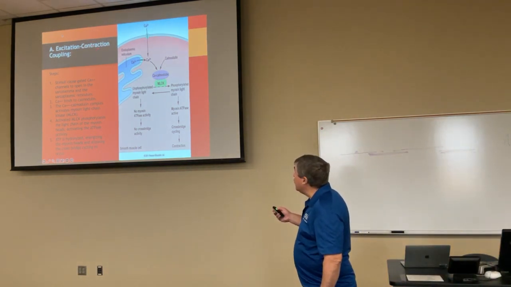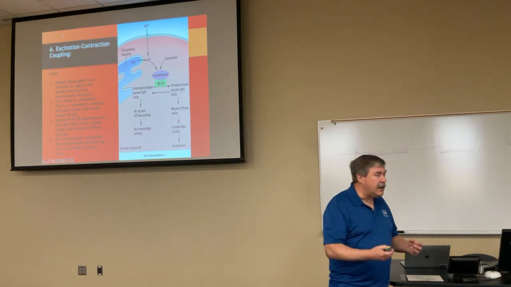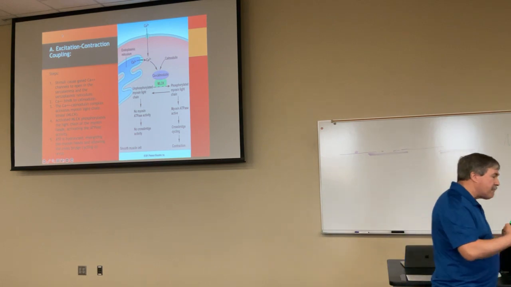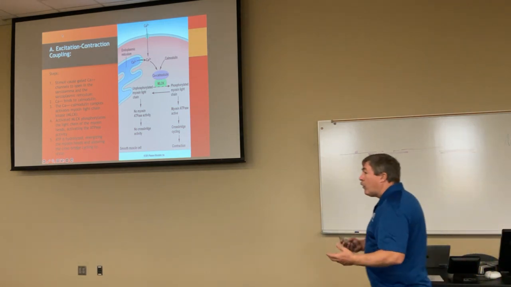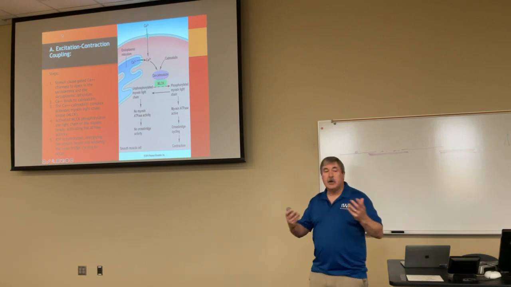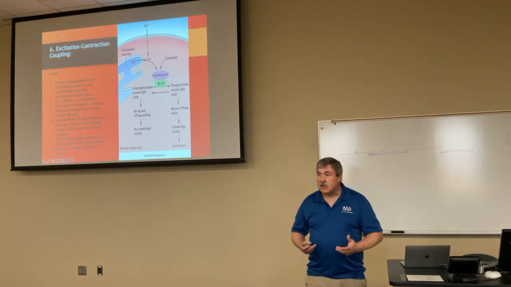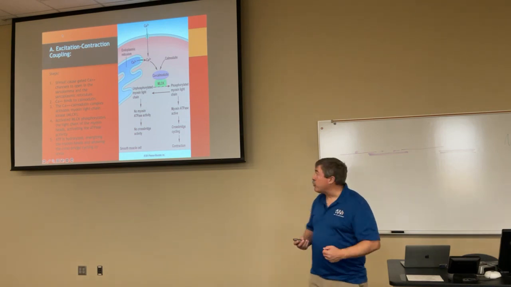So, in the first step, a stimulus, which may be a neurotransmitter released by a fiber of the autonomic nervous system, or it could be a hormone, or it could be cold, or any one of those stimuli that I mentioned earlier that can stimulate smooth muscle to contract.